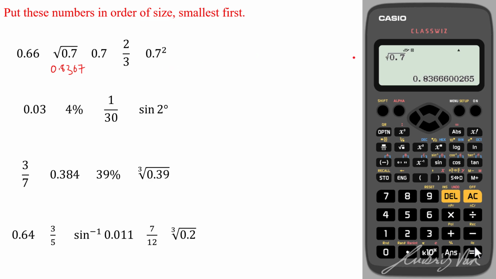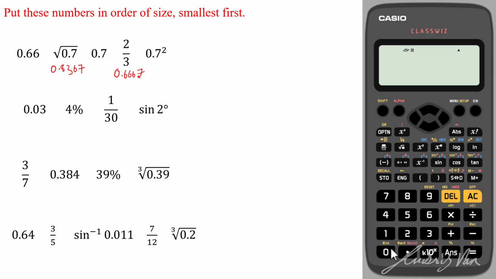Sometimes it's safer to put 4 SF. 0.7 is 0.7, then 2 over 3, let's convert this into decimal, is 0.6667.